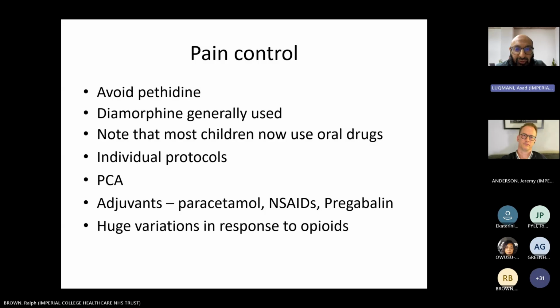The importance of the adjuvants, as mentioned previously, was highlighted, and it was also highlighted that there can be a huge variation in response to opioids between patients, and that can be due to factors such as the body weight of patients, whether they're on long-term opioids at home and therefore have a degree of tolerance and therefore require larger doses of opioids when they come into hospital. So all of these factors should be taken into account when we decide on what doses we are prescribing for individual patients. Next slide, please.